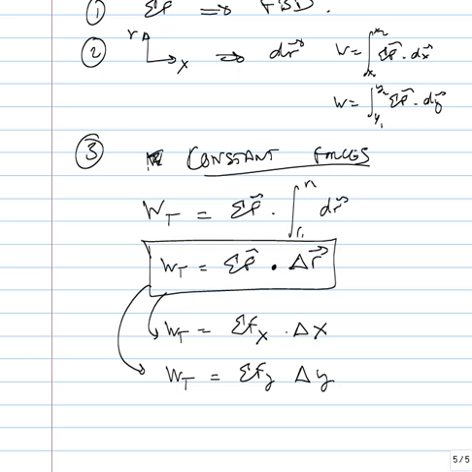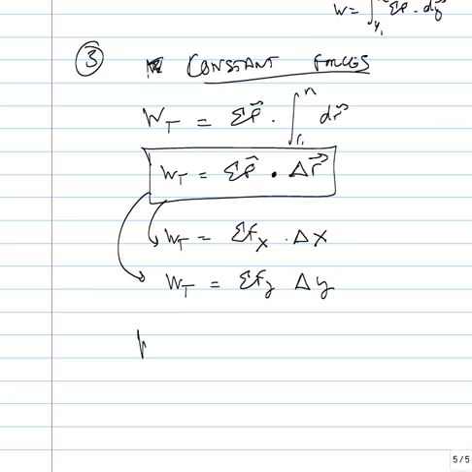Which means that you can rewrite this as really you want the sum of the forces parallel to your displacement. So you might see that notation. And if you write it that way, then you can skip the vector notation. As you have a sum of the forces to consider, you only want to consider the component of your forces which are parallel to your displacement.